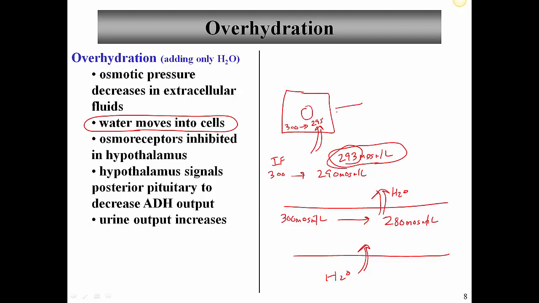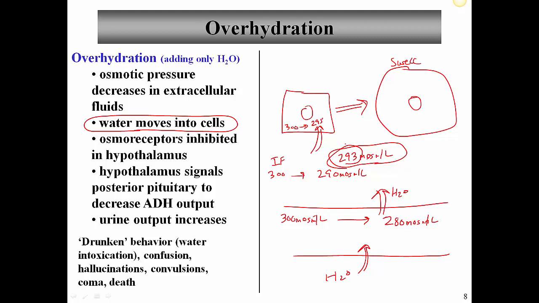Now, what's going to happen to the cells in the body? Once water moves into the cells, these cells are going to swell. More water has moved into the cells, and that causes them to swell. This is connected to something called water intoxication, which we mentioned in the last table.